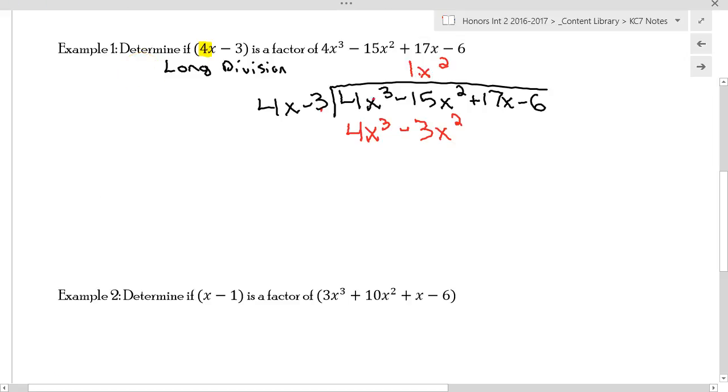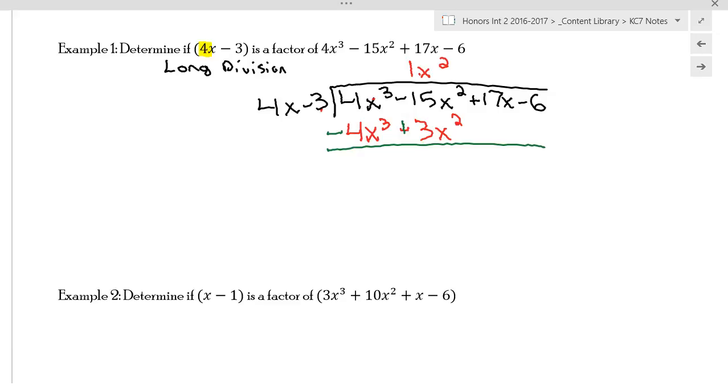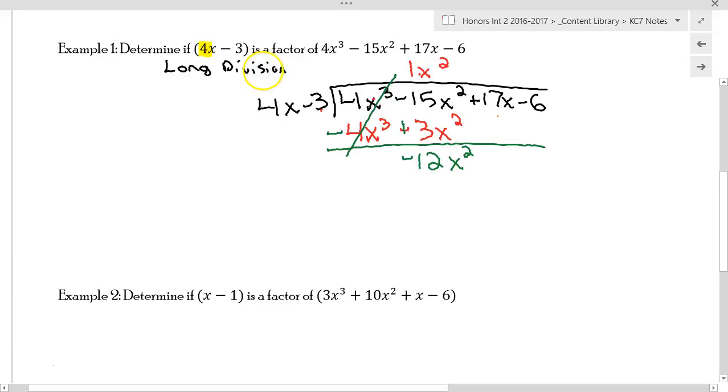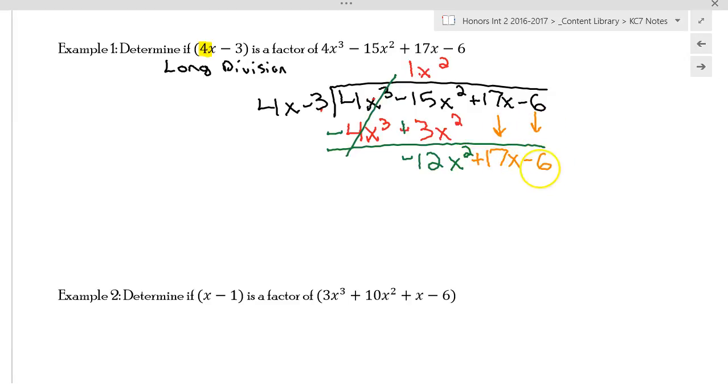Then I have to change my sign because I'm subtracting. So I have 4x cubed minus 4x cubed, so that's 0. Negative 15x squared plus 3x squared is negative 12x squared. And then my last step is just to bring down. So I'm going to bring down that plus 17x, and that minus 6.